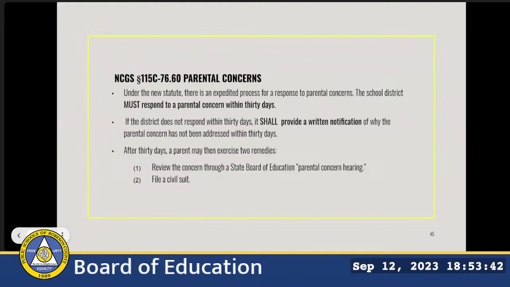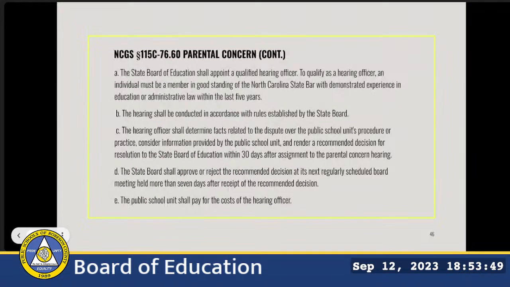This is any parent concern. If it goes to the State Board of Education, they have to appoint an attorney as a hearing officer, who has to conduct a hearing in accordance with rules established by the State Board, which don't exist yet. So that's another set of rules that don't exist.